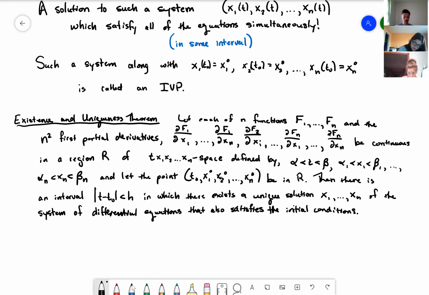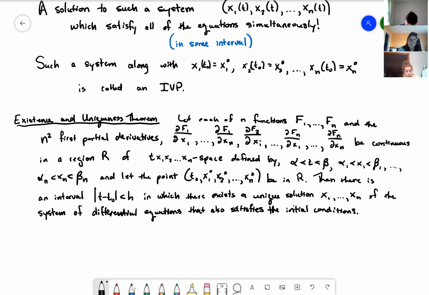So this is our version of existence and uniqueness for a system of first order ODEs, which really encompasses pretty much every ordinary differential equation that we'll ever care about.